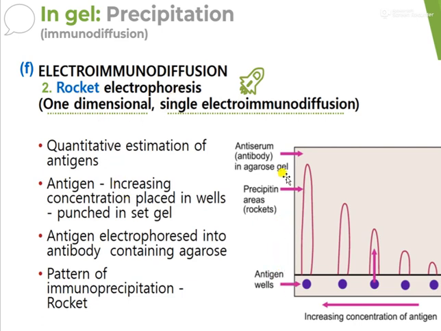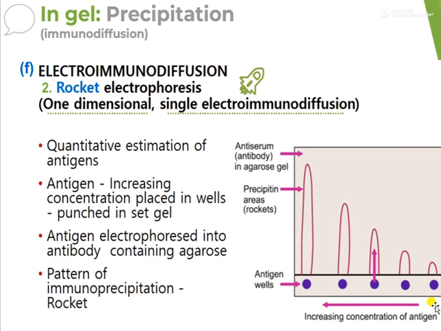So under the influence of the electric field, what would happen? The antigens present in the antigen wells will diffuse out and bind with the antiserum within the agarose gel. Because different concentrations of antigens are used, you get a rocket-like appearance, a rocket pattern of immunoprecipitation, and that is the reason we call it rocket electrophoresis.